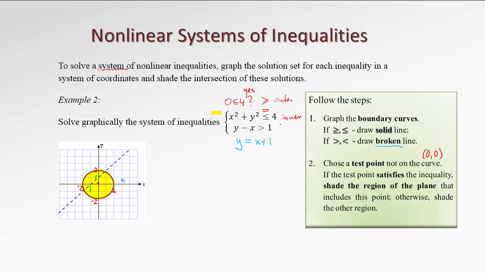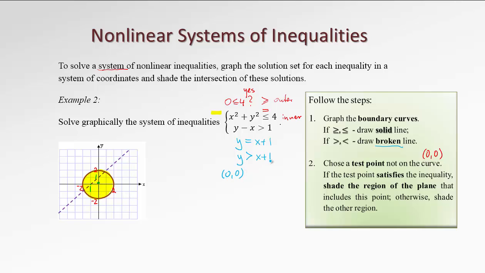So now, similarly as before, we need to make a decision which half plane we should shade. The inequality is actually y larger than x plus 1. Again, we can use our intuition. y larger than x plus 1 means y values must be above the line. So all the y values that are above this line. But if we are not quite sure, or if we just want to confirm that that's the region, let's choose a testing point. Again, if I choose the point 0, 0, first check 0, 0 is not on the line.